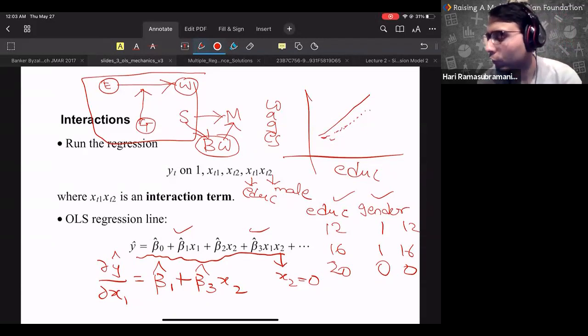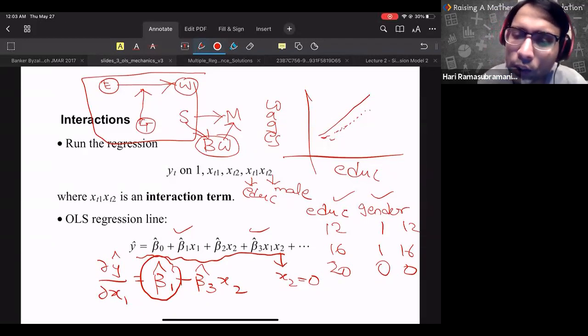So what is beta 1 hat? Beta 1 hat is the effect of the change in x1 on change in y hat when x2 is 0. And x2 is 0 means what? The person is a female. So beta 1 hat measures the effect of education on wages for females.